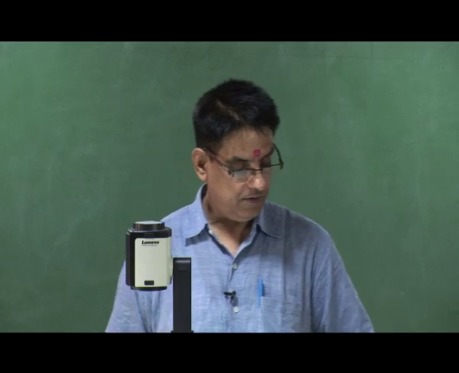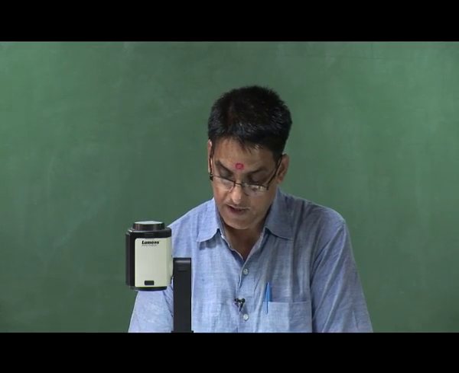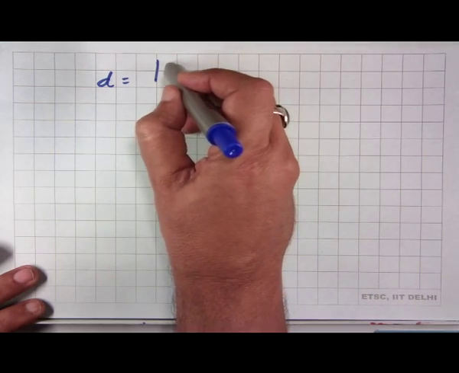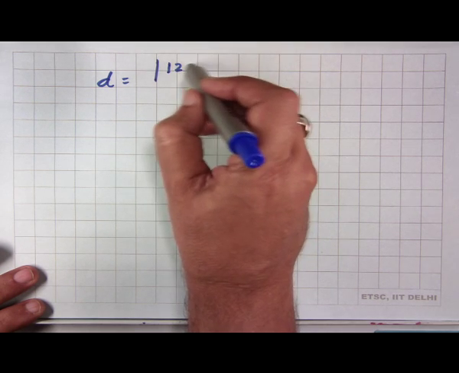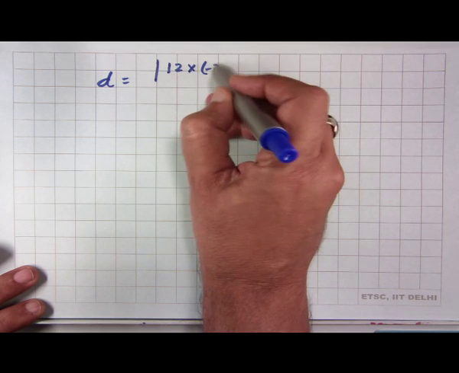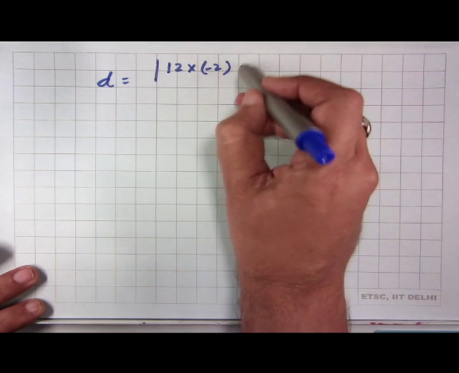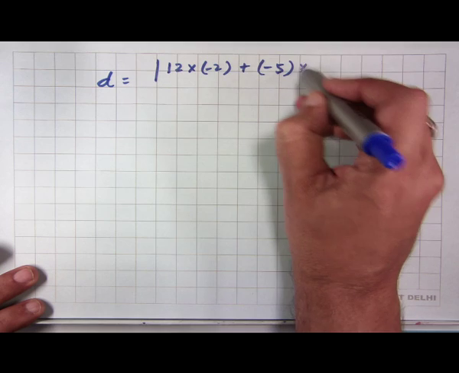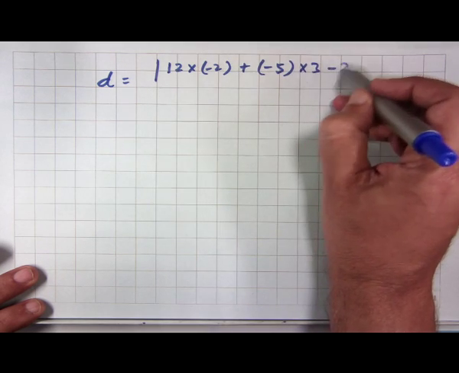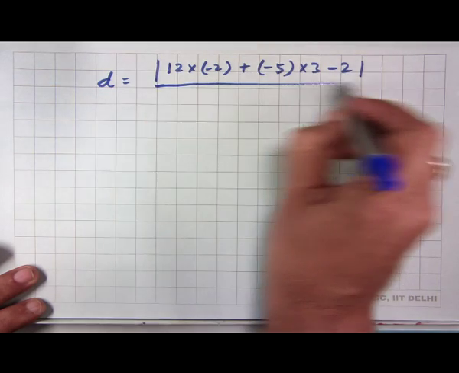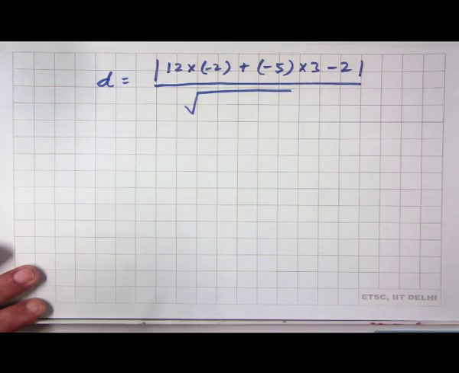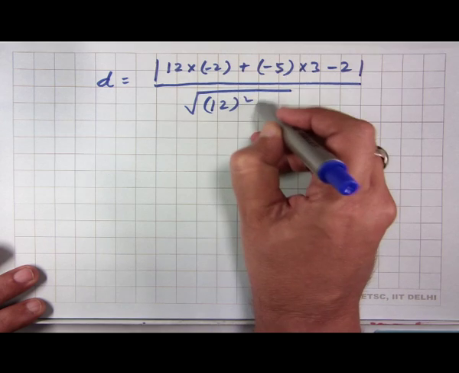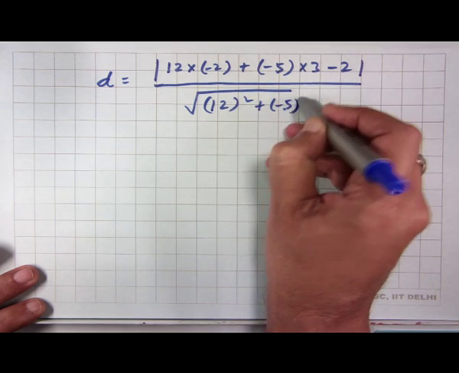So now put these values in the formula: D is equal to mod 12 into minus 2 plus minus 5 into 3 and minus 2 by square root of 12 square plus minus 5 square.